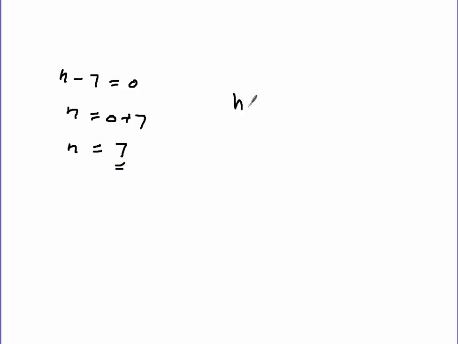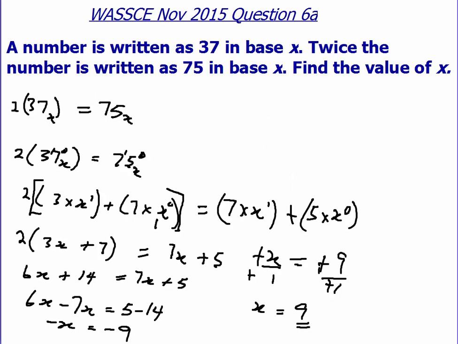Then n plus 10 is equal to 0. n equal to 0 minus 10. n is equal to negative 10. Therefore, of course, our number base should be positive. Therefore, our answer to this particular question is positive, n is going to be just 7.